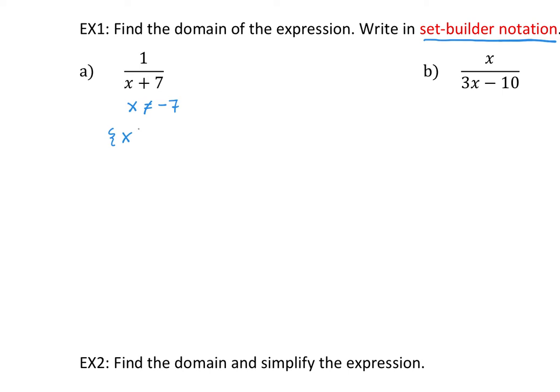And then we're going to put this bar. This literally translates to "such that." So far this reads the set of all x such that, and all I have to do is put my condition that x cannot be equal to -7. And that is the domain. I can use any x except -7.